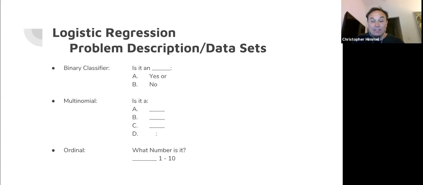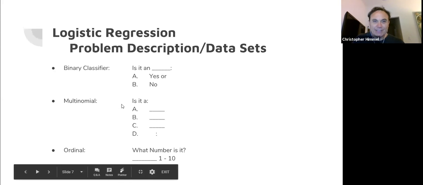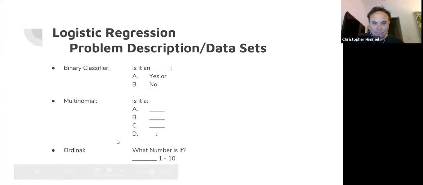So a good example of this would be our iris data set. Is it versicolor? Is it setosa? Is it the other one, I forget what the other one was. So yeah, that's a multinomial classification algorithm.